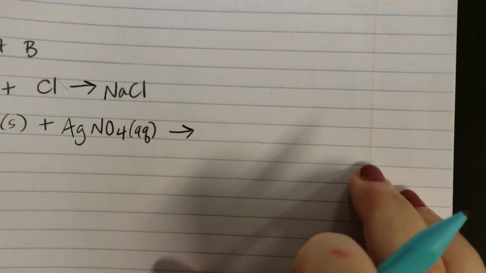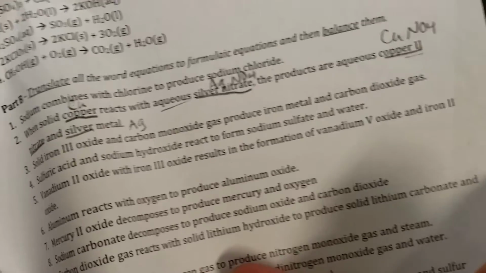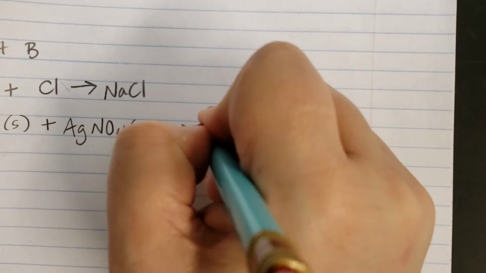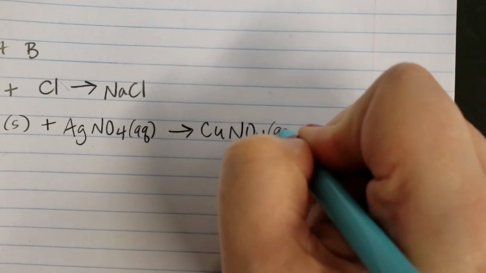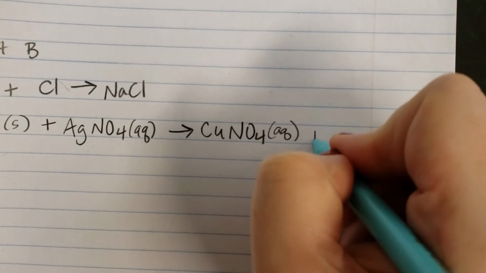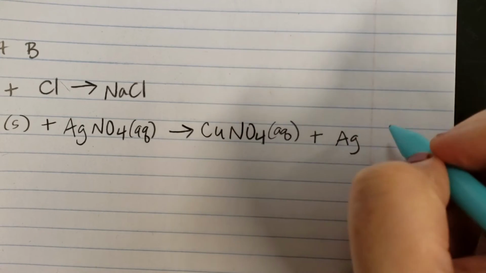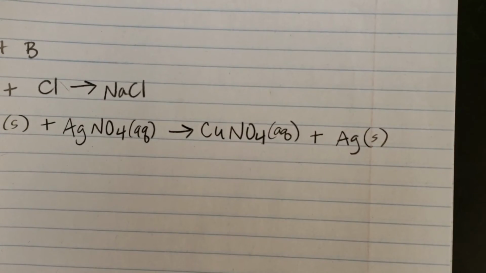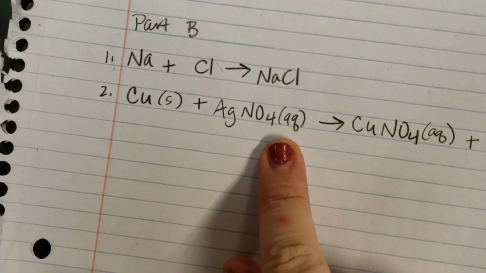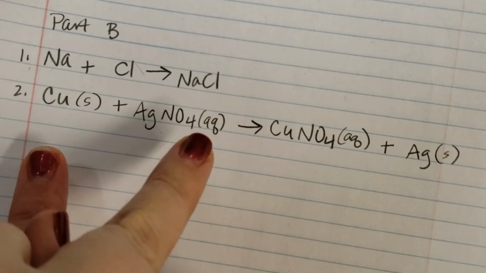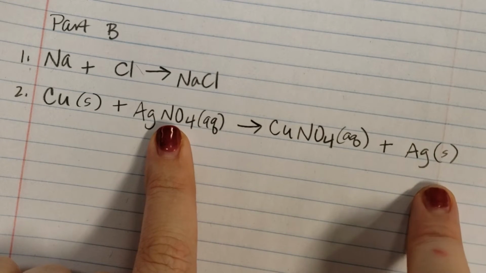It yields aqueous copper 2 nitrate, so copper nitrate, which is aqueous, and silver metal, which is a solid, so we'll write a solid, okay? So you combine a solid and a liquid, a solution, and they switch places, and now you have a different solution, and you're going to get all the silver out of the solution by adding copper to it.